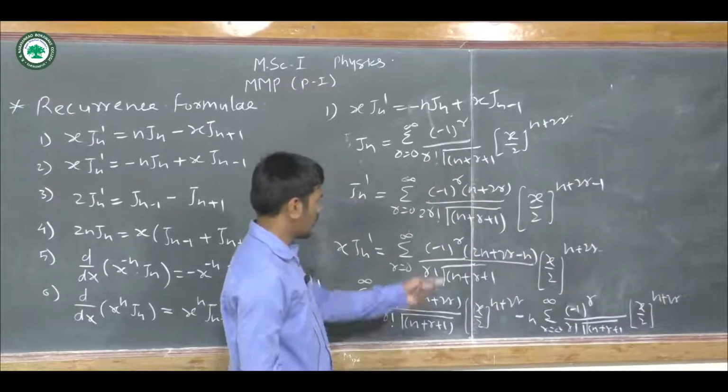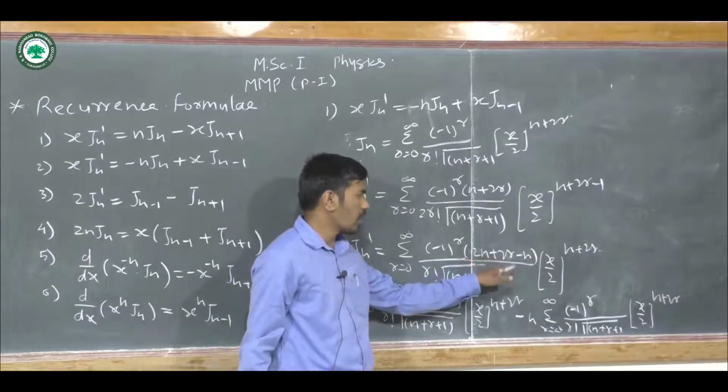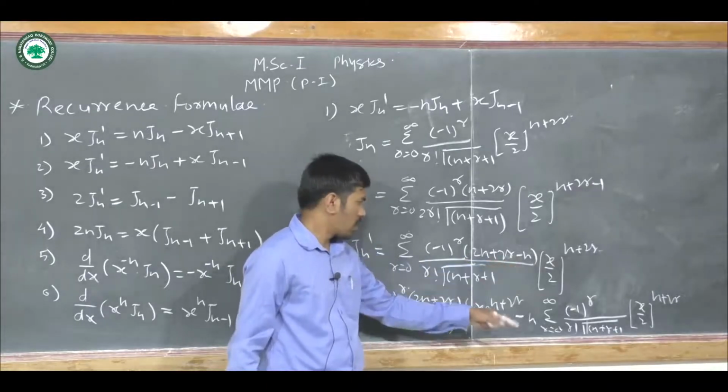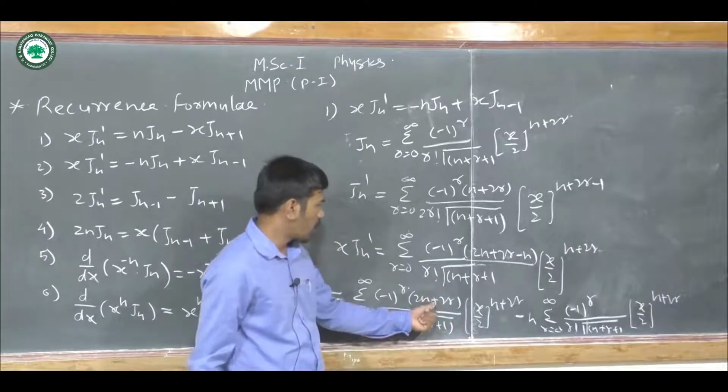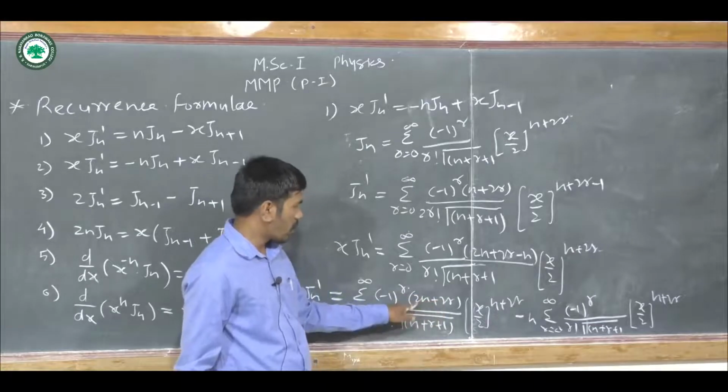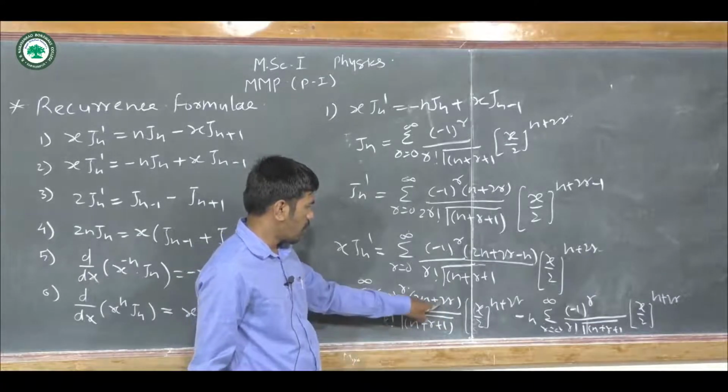So this minus n is here and 2n plus 2r is here. Now take out the common 2 from these brackets.